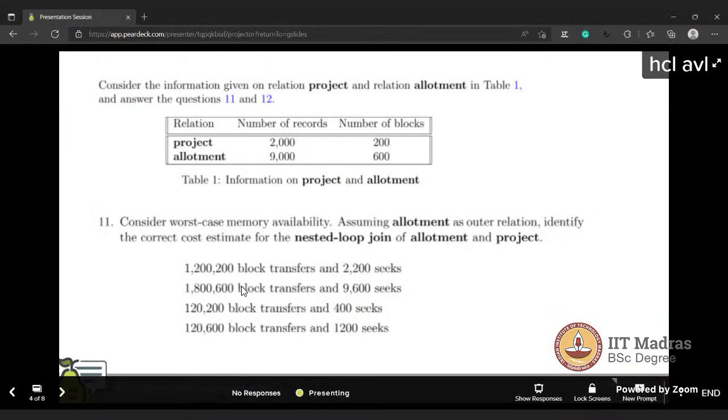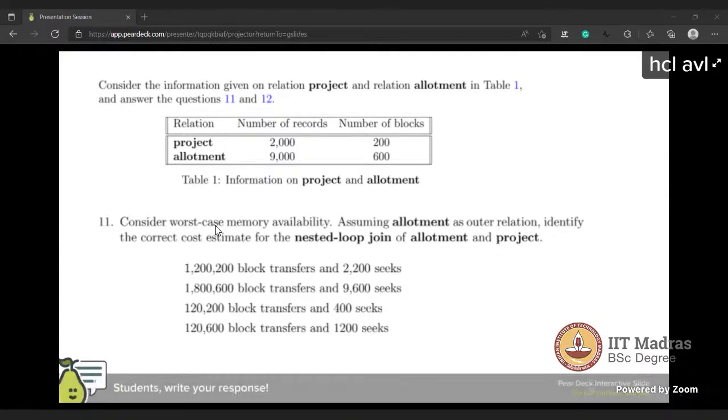So the next question is: consider the given relation project and the relation allotment in table 1, with the number of records and the number of blocks. Consider the worst case memory availability assuming allotment as outer relation.